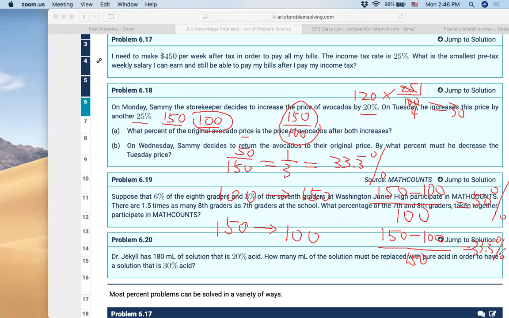Starting from 100 to 150, you need to increase 50% because you use 100 as the denominator. But when you decrease from 150 to 100, you use 150 as the denominator, so you only need to decrease 33.3%. Then you get the same number, 100, back.